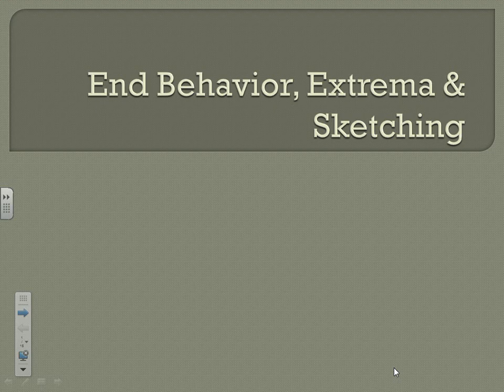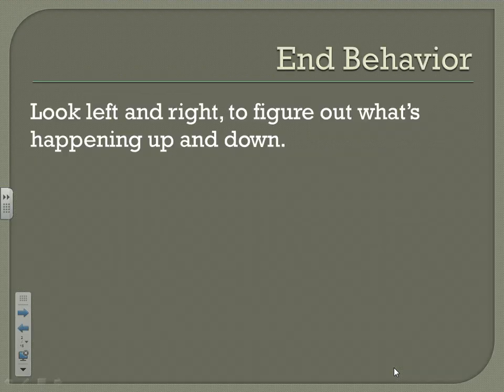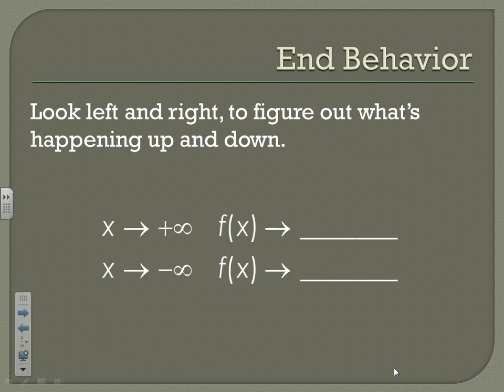Okay? All right. When we're talking about end behavior, the first thing we have to do is look to the left and to the right to figure out what's happening on the ends, what's happening on the arrows of each graph. So what this is saying is, as x approaches infinity, which means as x goes out to the right, what is the graph doing?